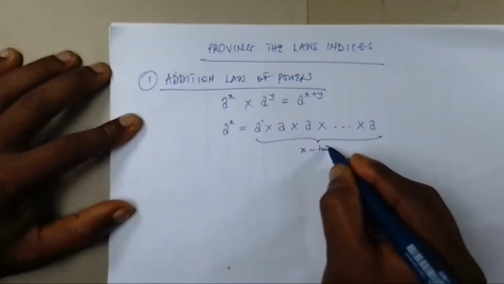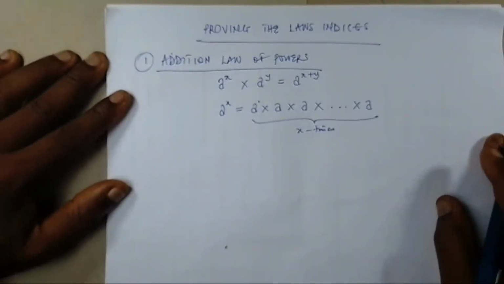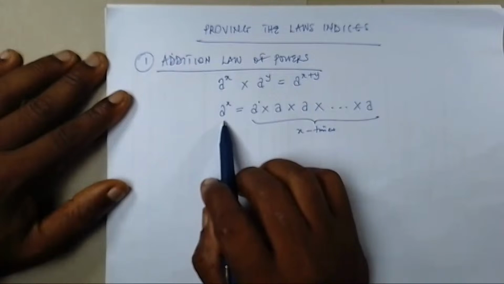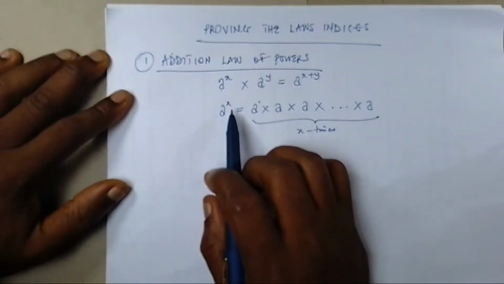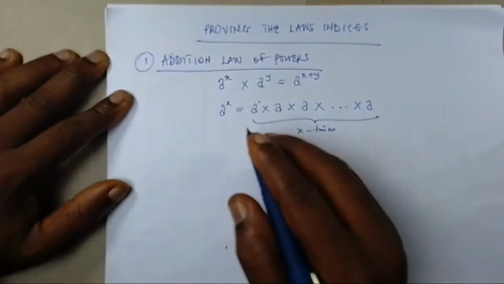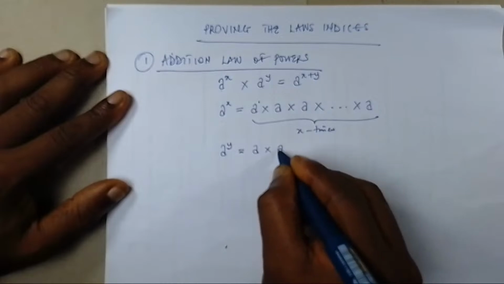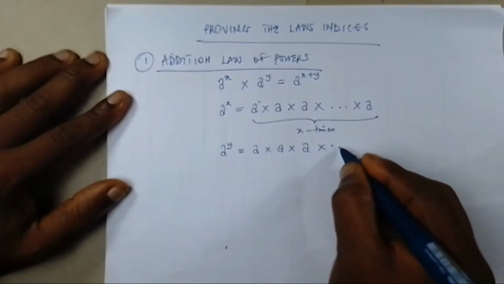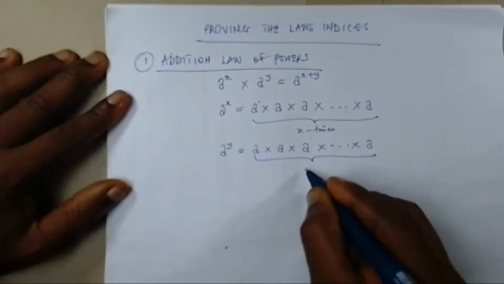Remember in my last class I told you that if you have a number in index form such as a raised to power x, it means a multiplying itself x times, and that goes for y also, that a will be multiplying itself y times.